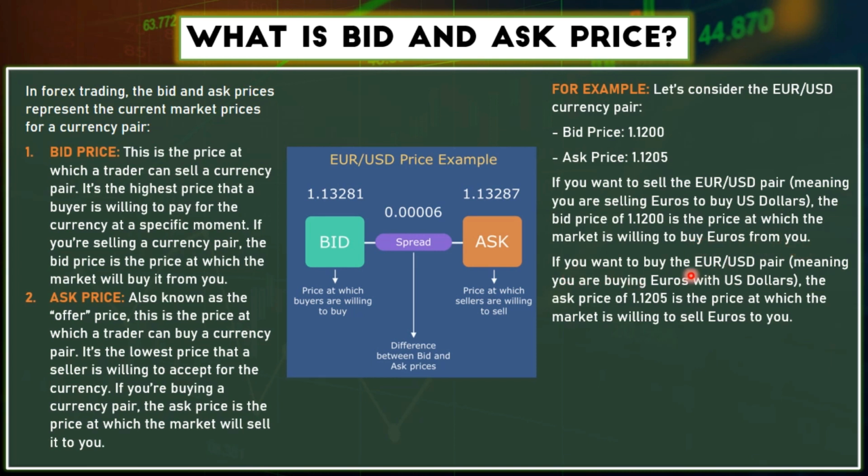Then if you want to buy the euro to US dollar pair, meaning you are buying the euros and you are selling your US dollar, the ask price is 1.1205. This is the price at which the market is willing to sell the euro to you.